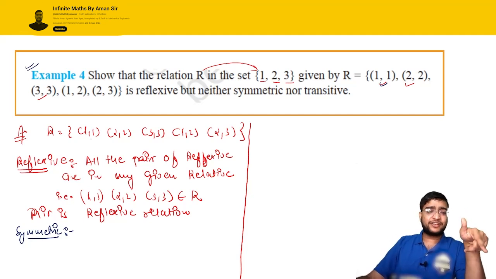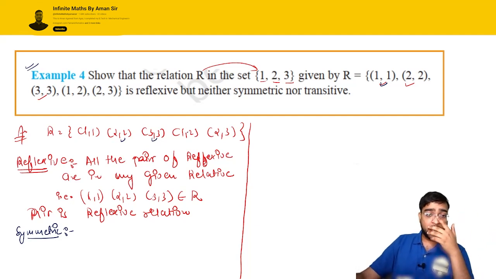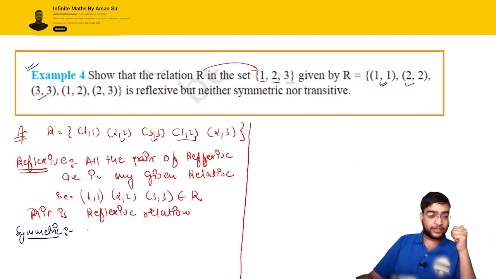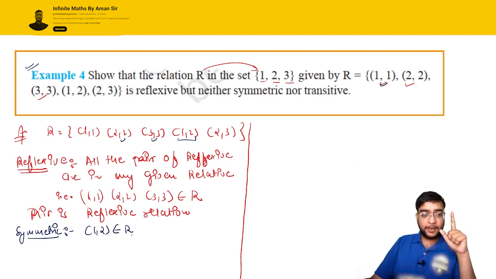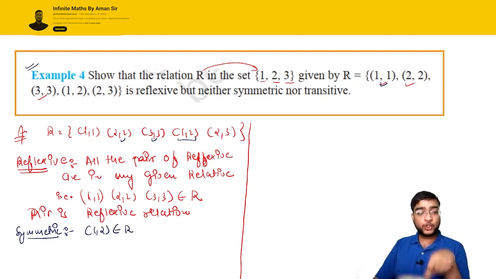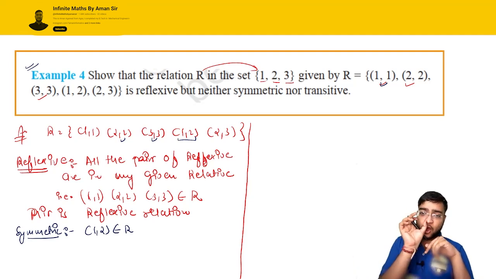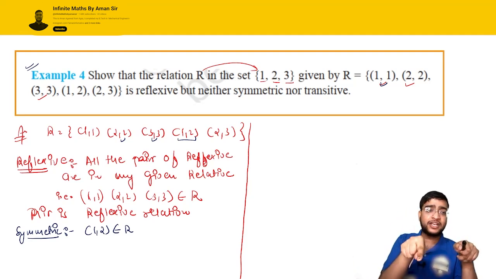Yes sir, its reverse is itself, 1,1. 2,2 and 3,3 also have their reverses there. Can I say 1,2 is there? 1,2 is in my relation, but for symmetry 2,1 must also be there, because for all pairs that exist in the relation, the reverse pair must also be there.